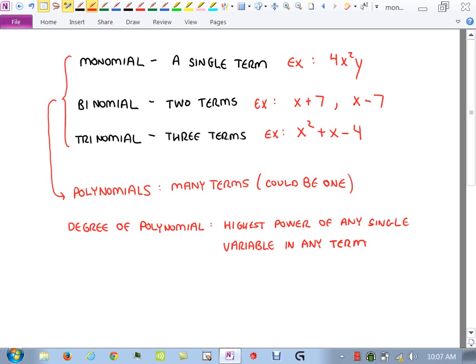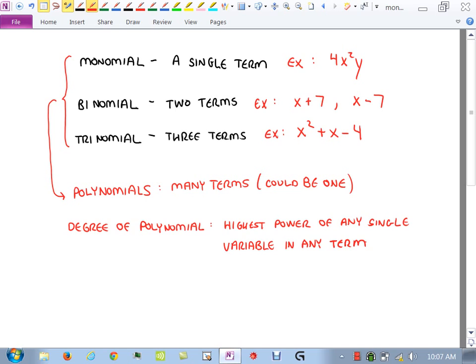So let's look back up at those three examples I gave you, the monomial, the binomial, and the trinomial. These are all polynomials, right? For that first one, 4x squared y, what is the degree of that monomial? It's the highest power of any single variable in any term. Well, it only has one term, right?